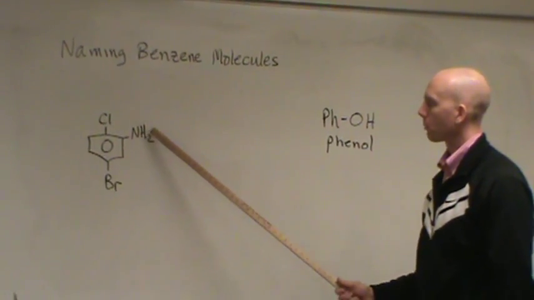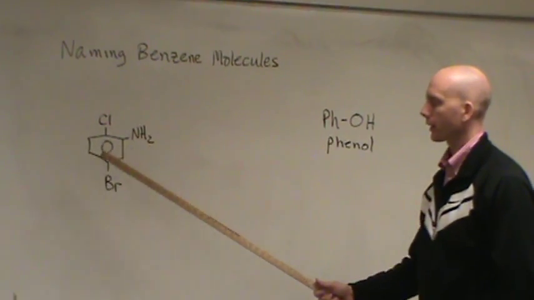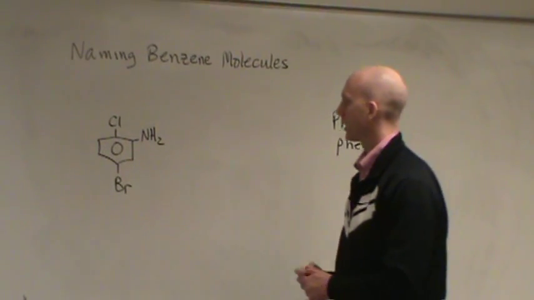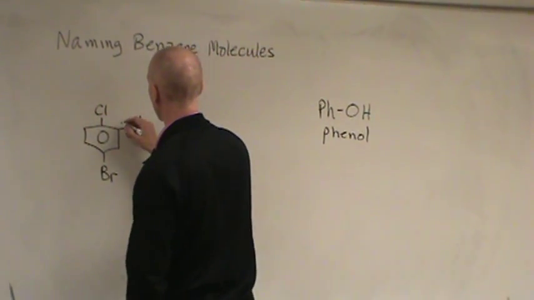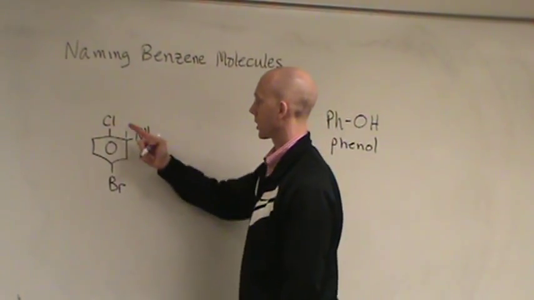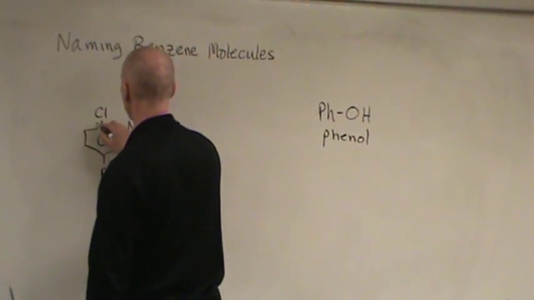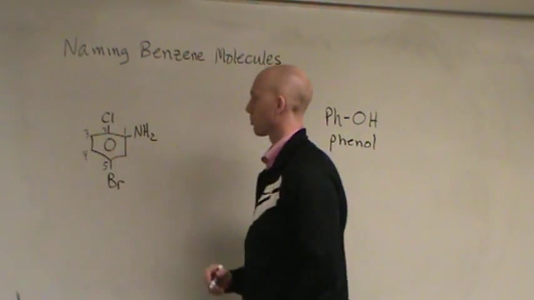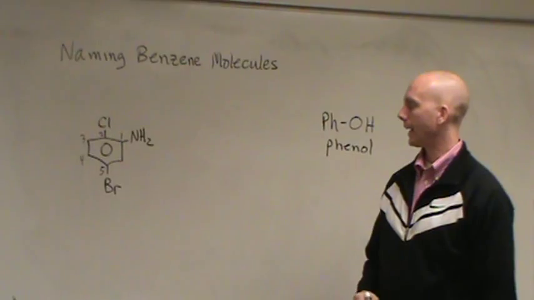When I have more than two groups on the ring, make a note of it, I have to use numbers now. Okay? So the number 1 will be where my trivial group is, and then I'll go to lower numbers this way. So the bromine would be on carbon 5.